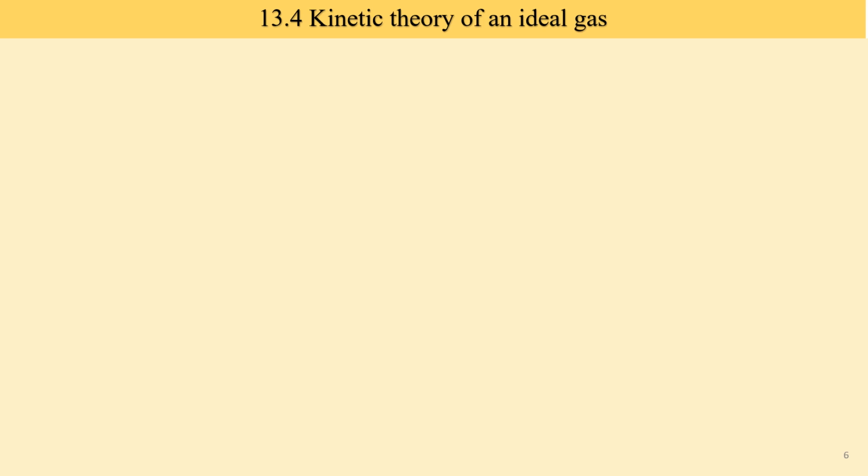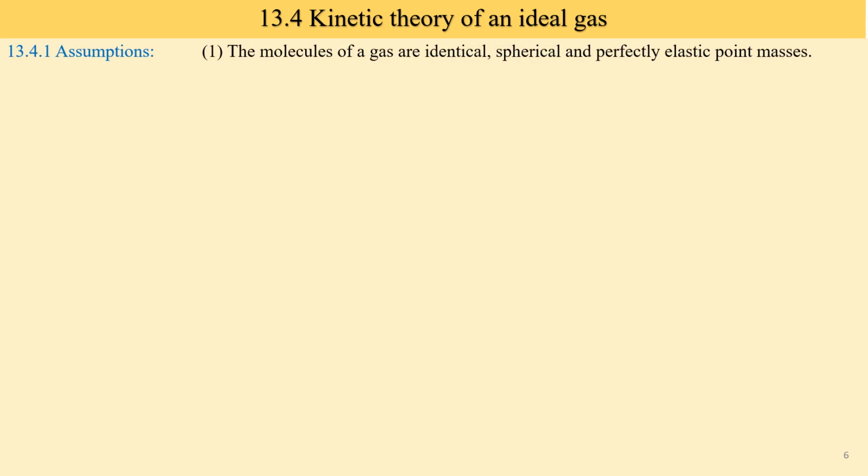Molecules collide incessantly against each other or with the walls and change their velocities. The collisions are considered to be elastic. We can derive an expression for the pressure of a gas based on the kinetic theory. So let us derive. Before that, let us make certain standard assumptions.